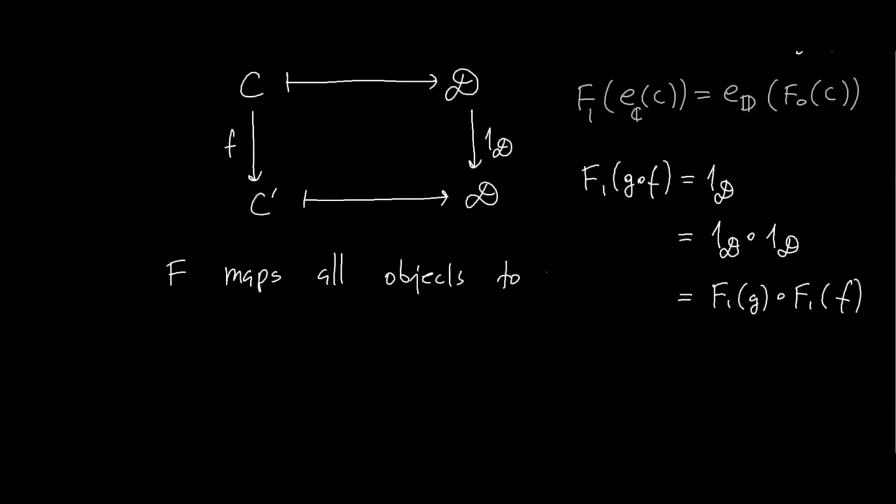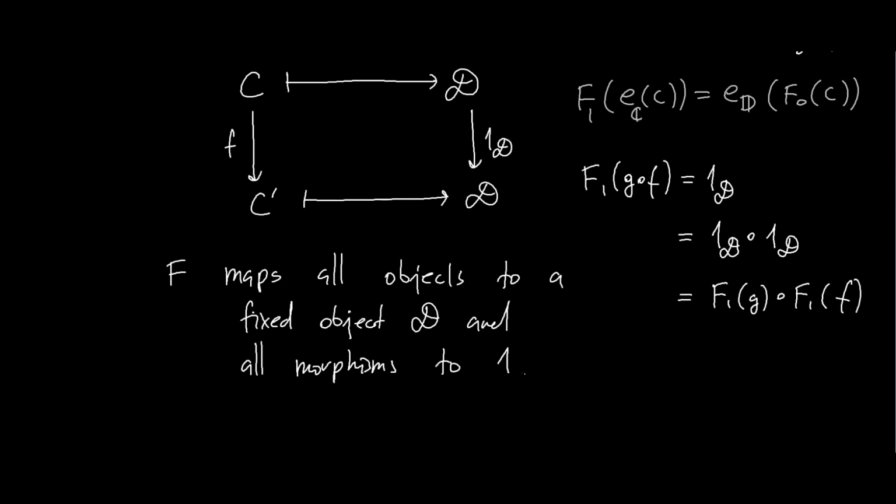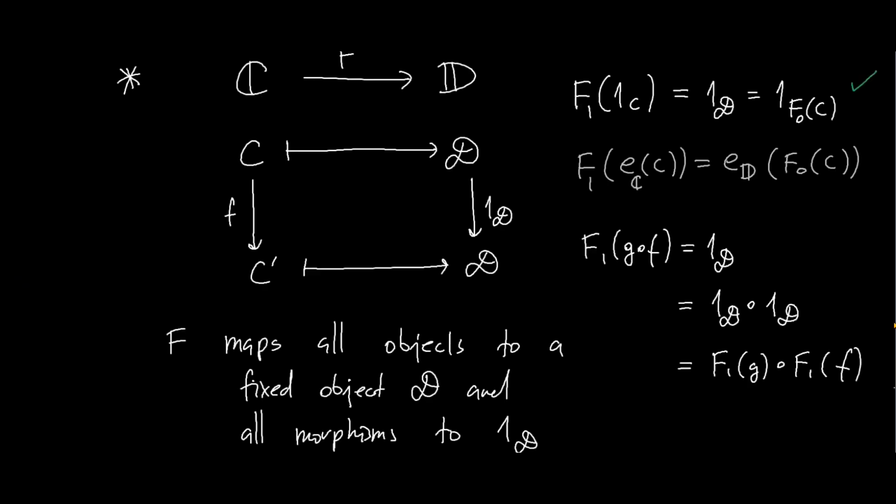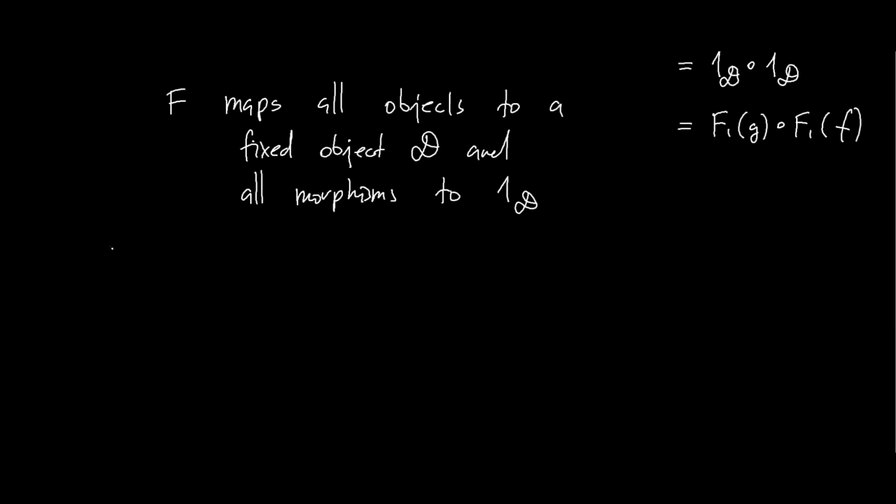F maps all objects to a fixed object D and all morphisms to identity of D. Let us have one more example, and then we conclude with the examples and maybe try to establish some properties of functors.